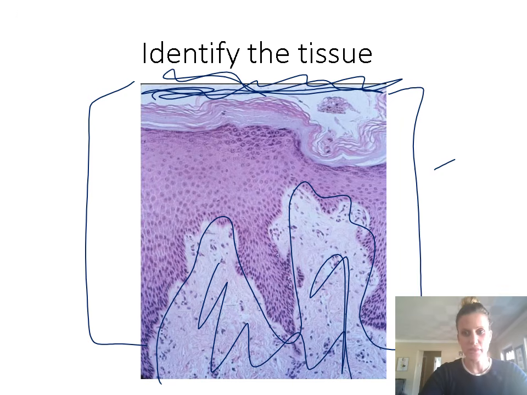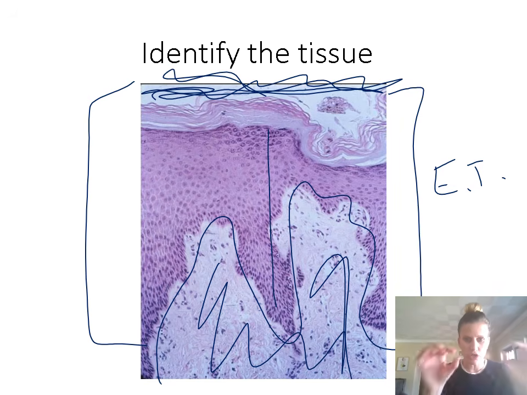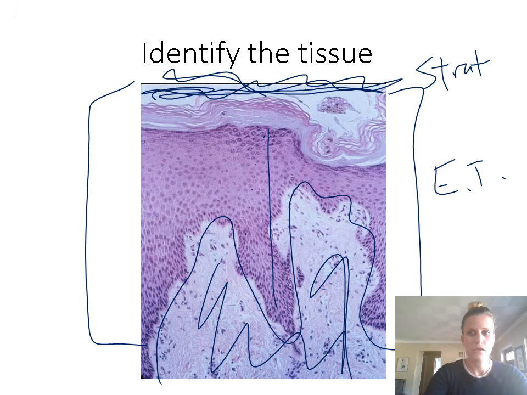So it's epithelial tissue. Now what kind? Again, you can see that there's tons of cells stacked on top of each other, right? Each of the dark little circles is the nucleus, so that says there's a cell there. So you can see all these dark circles stacked, so that is stratified. And then just like we saw in the last one, it's squamous cells, right?